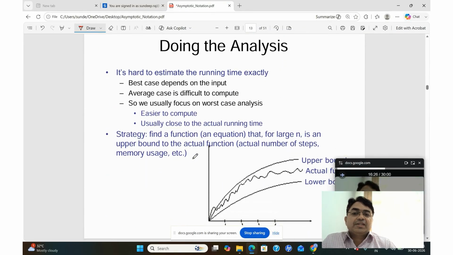Doing the analysis, it is hard to estimate the running time exactly. Best case depends on the input. Average case is difficult to compute. So we usually focus on the worst case analysis. The worst case analysis is easier to compute, usually close to the actual running time.